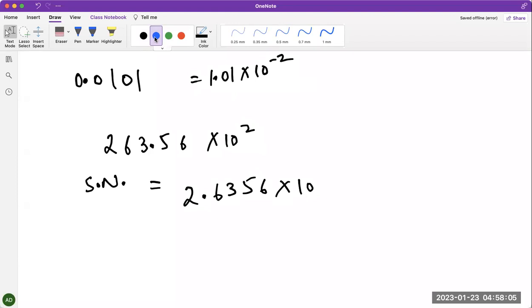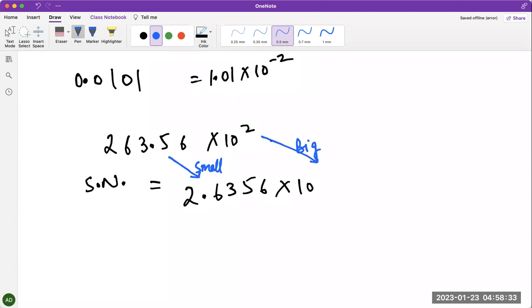Just remember this: if you are making this number smaller, you see that 263 is becoming 2.63, you're making this number sad. You need to make the exponent happy, you need to make it big. If this side is getting smaller, you've got to make this side bigger. So 10 to the power 2 has to become bigger.